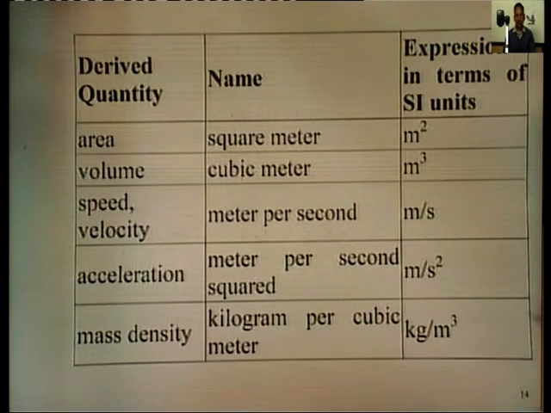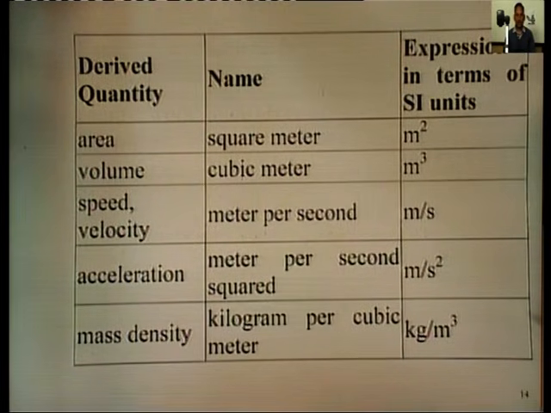Similarly, derived quantity speed, velocity, the name used is meter per second, and the expression used is m per s. Similarly, acceleration is a derived quantity, the name is meter per second squared, and the expression used is m per s squared.